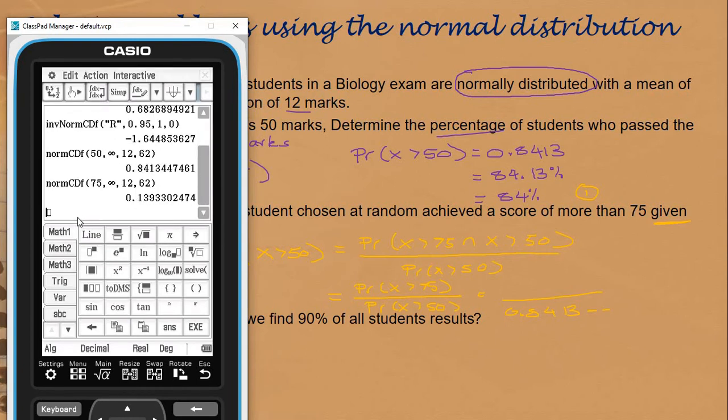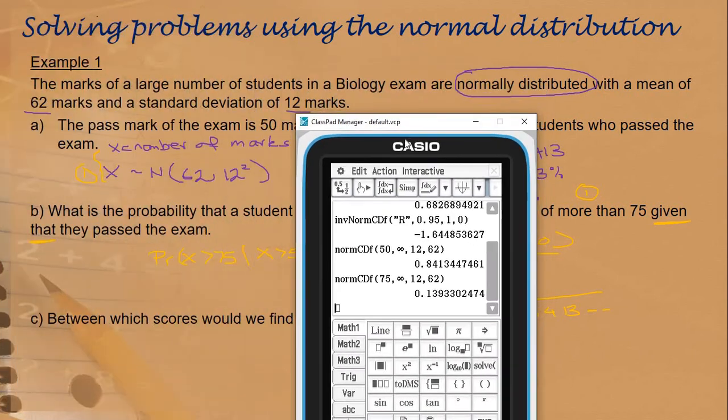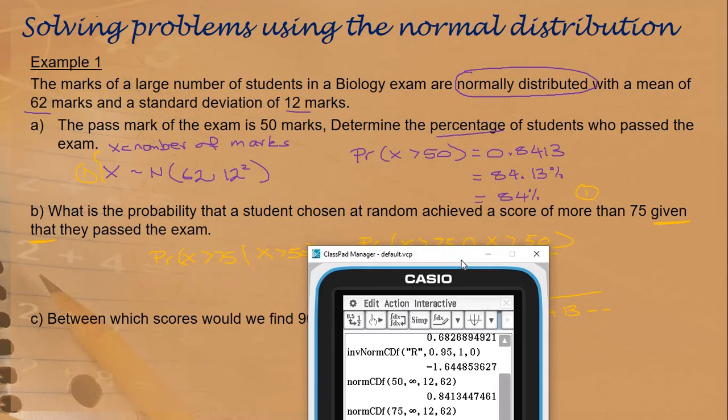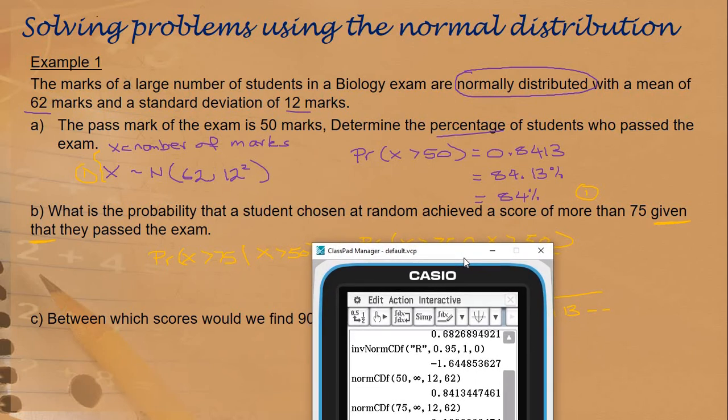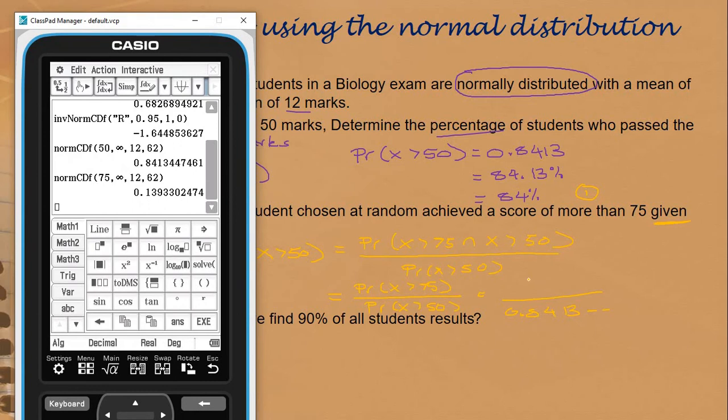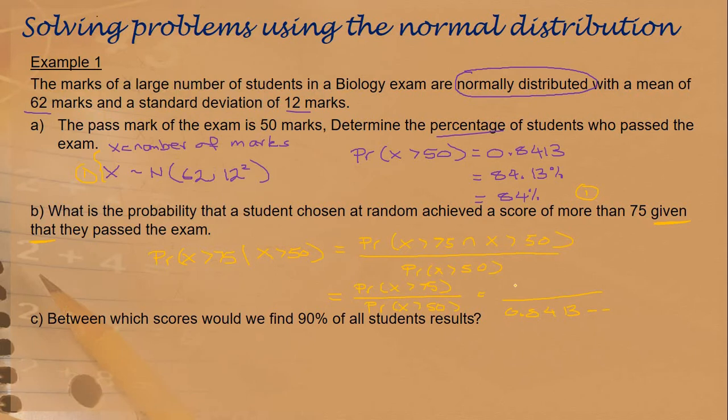And we get an answer of 0.13. Is that right? Standard deviation 12, mean 62, probability it's more than 75. Yep, that looks right to me. So we're getting a value of 0.193, and it keeps going.